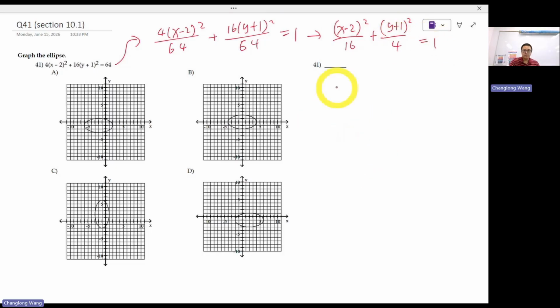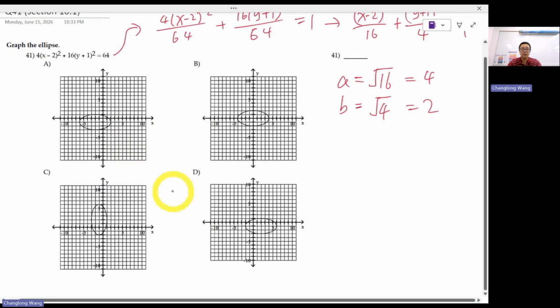So when it comes to an ellipse, it's almost trivial to find out what A, B, and C are, right? A is going to be the biggest number. Therefore, you're going to go with the square root of 16 because it's A squared. That'll be 4. B will be the square root of the smaller number. That'll be 2, right? I mean, you may or may not need the C, especially in 41.